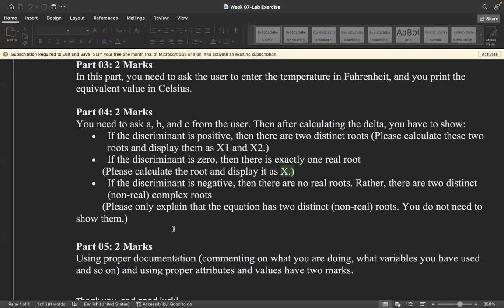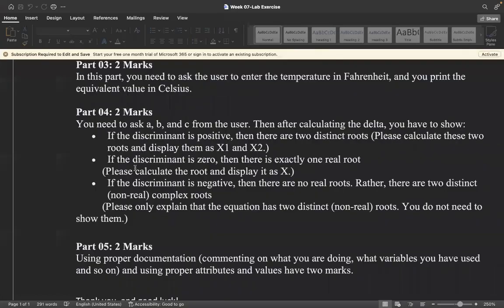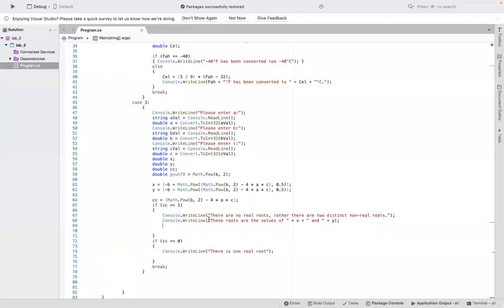So it has to be under the if CC equals 0. Yeah, so here we'll do the calculations after. We'll just fill out this stuff. We'll do the last one of this. If the discriminant is positive, so we'll do one more if CC greater or equal to 0.